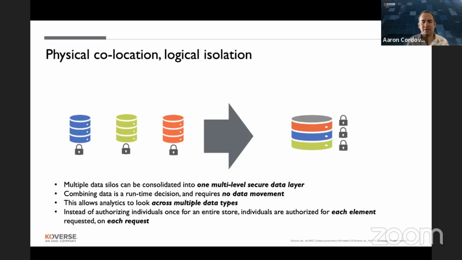And the biggest thing that buys you, so it preserves your ability to isolate data sets, but what it buys you is when and if it becomes time for that data to be combined. And this may be something you don't anticipate for months or years until all of a sudden you have the need to do it. If the data is physically co-located, you have zero data movement when it comes to combining that data set or those two data sets.